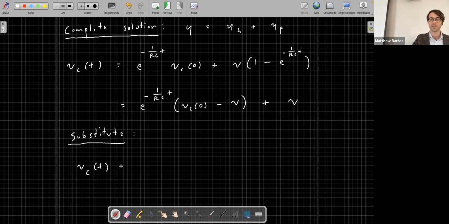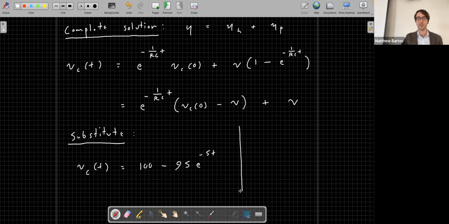The capacitor voltage over time is equal to 100 minus 95 times e to the negative 5t. Okay. So that was a lot of work, but that's how you find the response of the system to some arbitrary input, by convolving with the impulse response function.